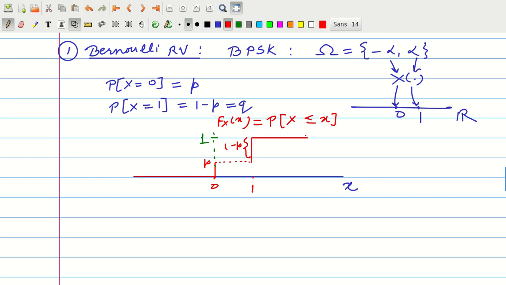So this is the CDF of a Bernoulli random variable. As we can see, the shape of this CDF is a staircase shape. This is a typical characteristic of what we call a discrete random variable. So this is an example of a discrete random variable, because here the CDF is a staircase function.